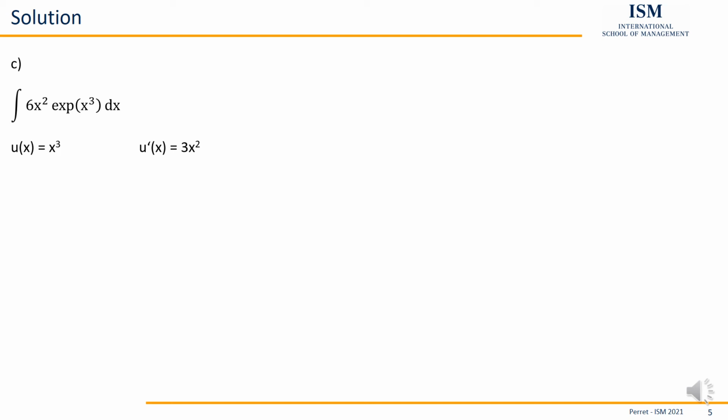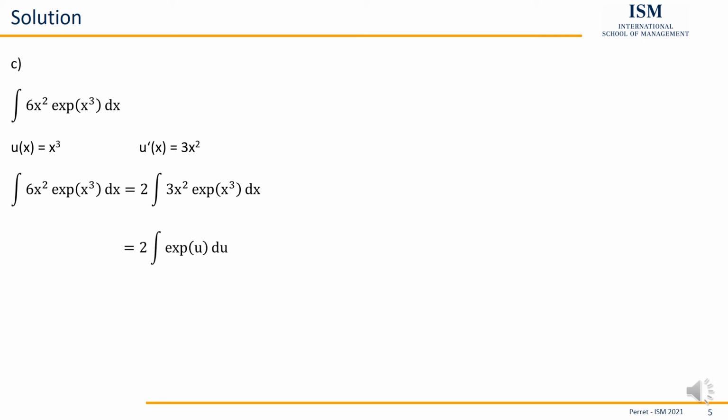Or we try to make this look like this one here, which we could also easily do by simply splitting this up into 2 times 3 and pulling the 2 in front of it. And it's actually the second way we use here. So make the part in front of the exponential function look like the first derivative by pulling the 2 in front. Then we can replace x to the power of 3 with u.